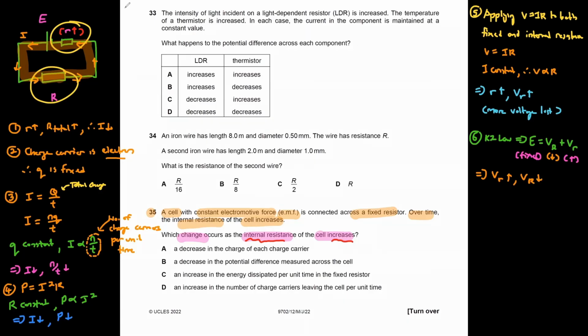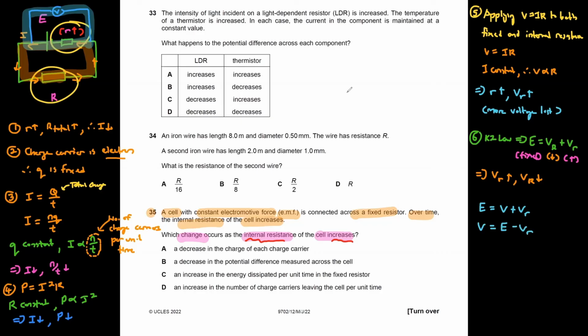Okay. Now, what if you're interested to find the PD across the cell itself? You can imagine yourself as connecting a voltmeter across your cell like this. If you were to apply Kirchhoff's second law for this particular loop, what you will be able to say then is something like this. Your EMF E is equal to your voltmeter reading plus the voltage across your internal resistance, such that your voltmeter reading will be EMF minus the voltage loss.